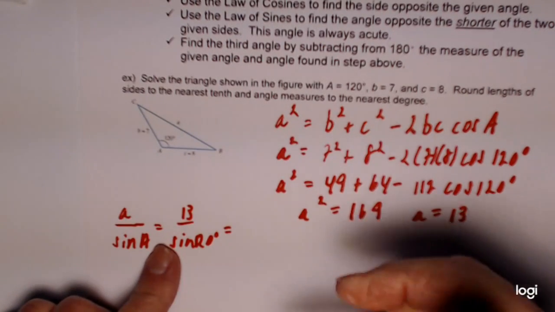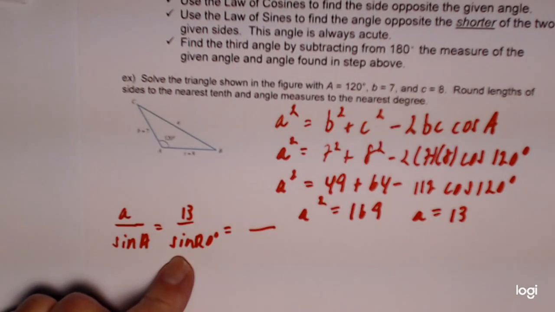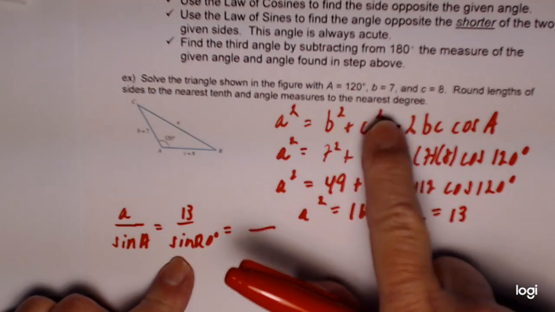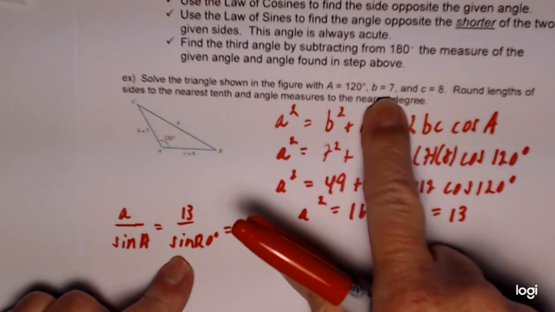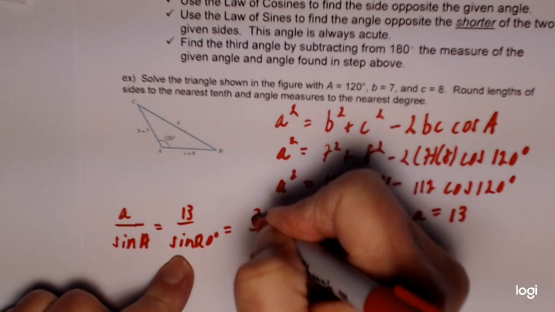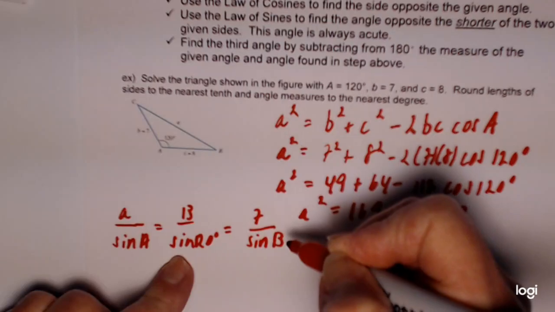And this is going to be equal to another side over another sine of an angle. So we're going to look for the shorter of the two sides. B is not greatly, but it is a little bit shorter than C. So I'm going to make this ratio here 7 over the sine of B.